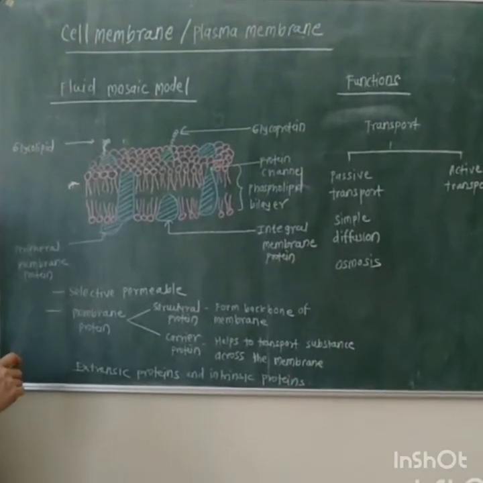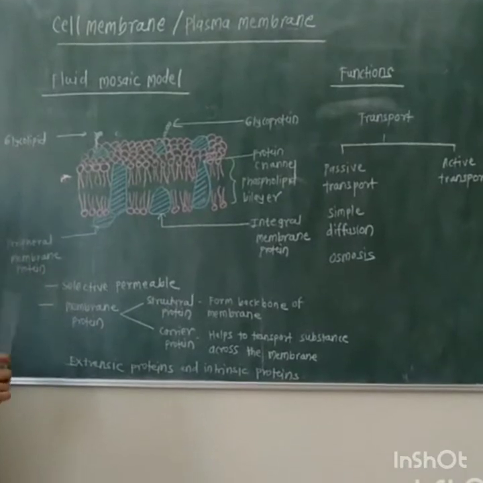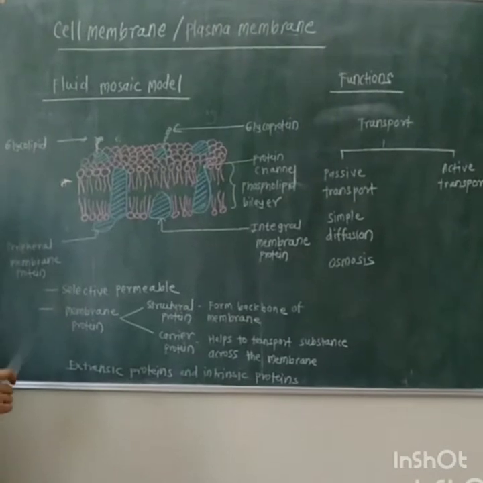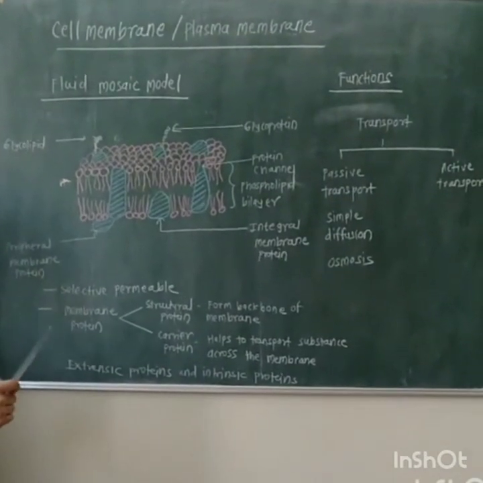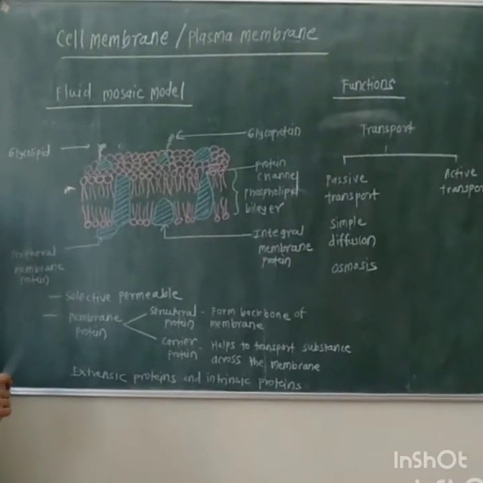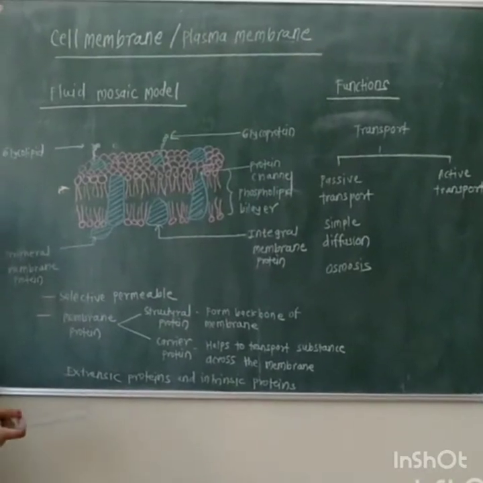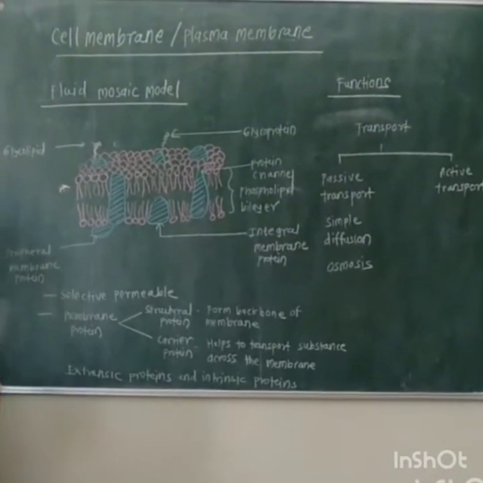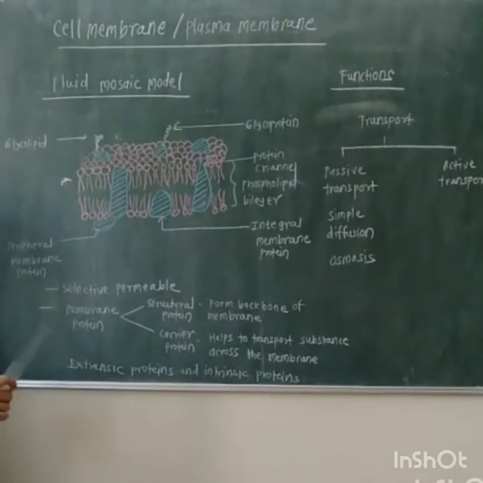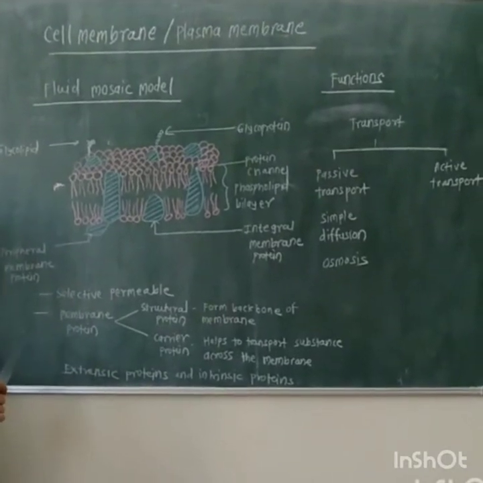The extrinsic and intrinsic proteins are also very important in the cell membrane, and they also help in the transport of substances. The composition of proteins and phospholipid is different in different cells, but here 40% phospholipid and 60% proteins are present in the cell membrane.